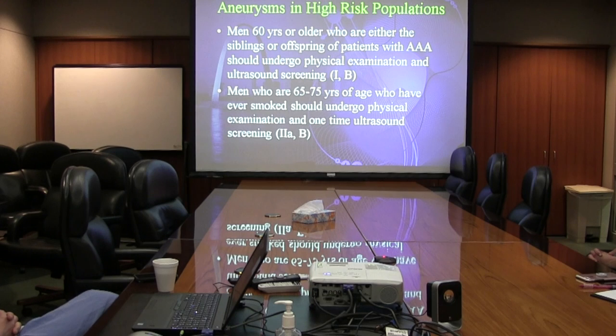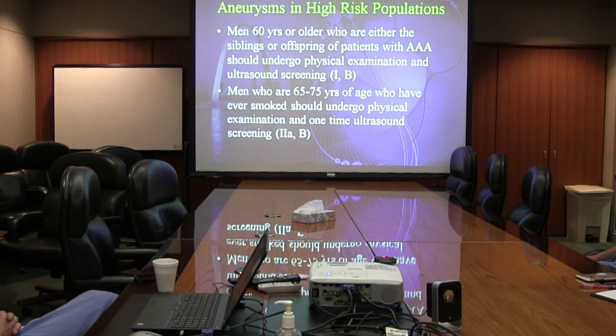And this is where it gets complicated. I don't know why this is so confusing, but it is. We'll go through this, but really focus on the Medicare approved guidelines. So men 60 or older, if you're a sibling of someone with an aneurysm, or offspring.